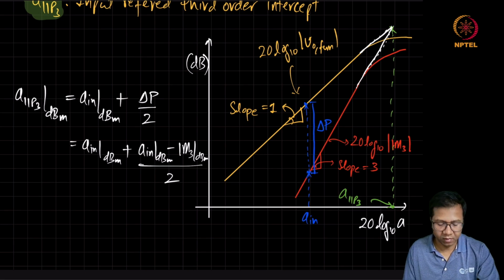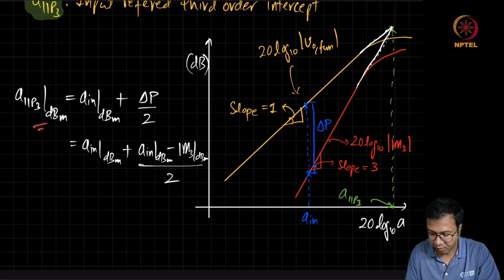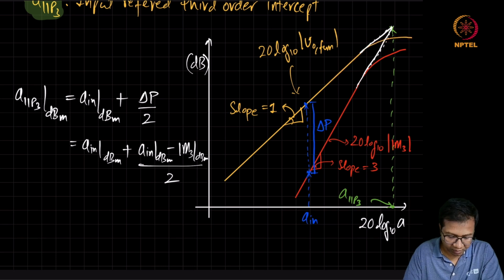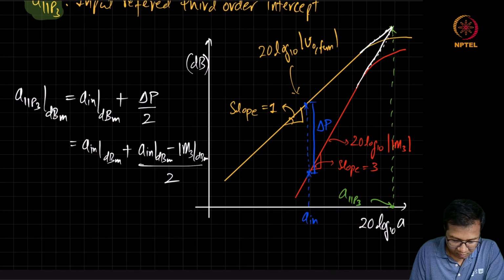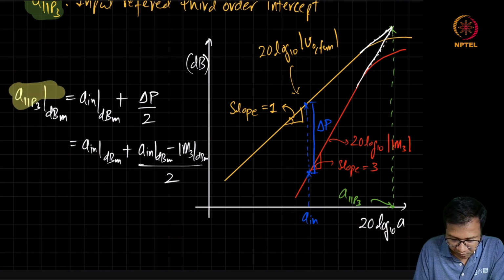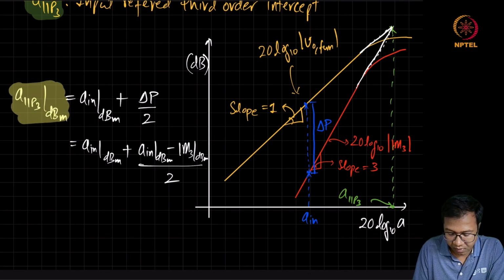So if we are doing everything in this log scale, it is easier to do this simple arithmetic to find out what is going to be the AIIP3. So from a single test, we can find out the AIIP3, which is different from the 1 dB compression test, where we need to keep on increasing the input power till we see that the large signal gain has reduced by 1 dB. So in that respect, again, this is a very convenient way to characterize the nonlinearity of the system.